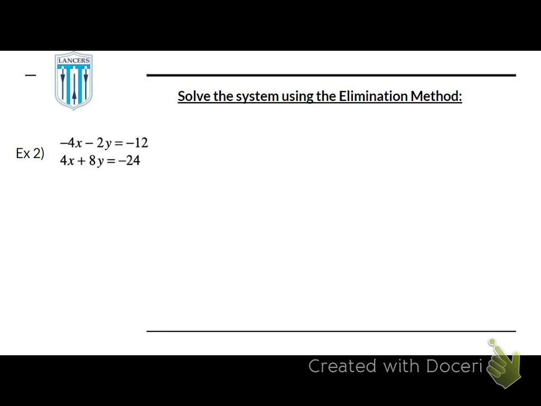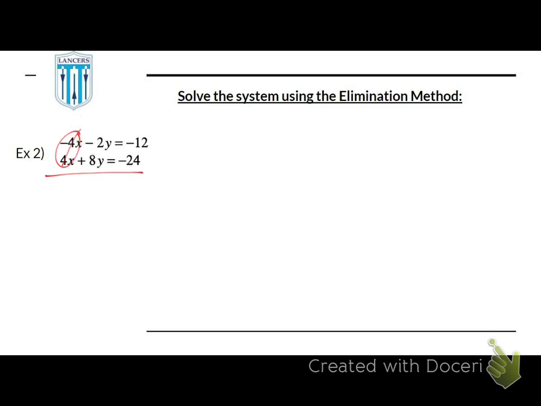If it helps you to X those out or circle them and draw a line through them, whatever it takes, that's fine with me. Okay, but then we have to combine what's left. Make sure you're watching your signs. That 2y is not positive, it's negative because of that minus sign.